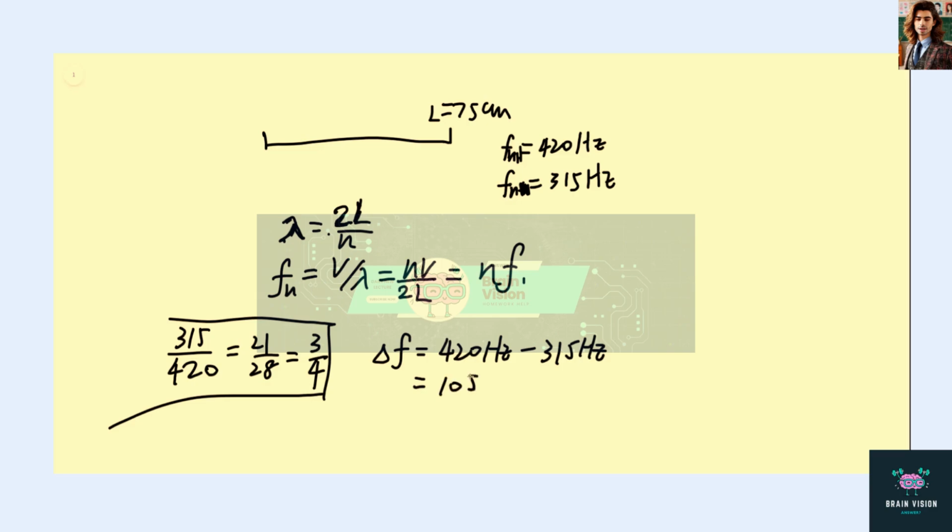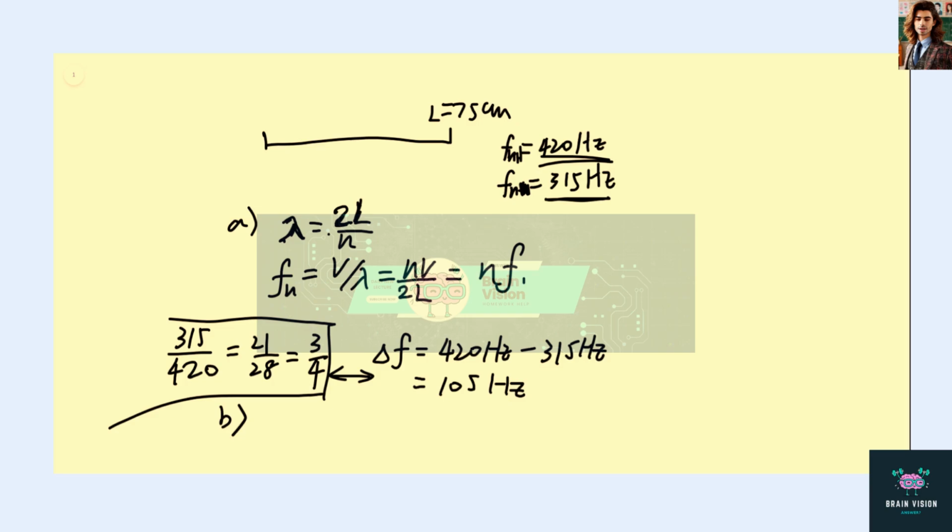If we do that, we find the lowest frequency is actually 105 Hertz. Then we check n equals 3 and n equals 4 at these frequencies. So our two methods both have the same answer.